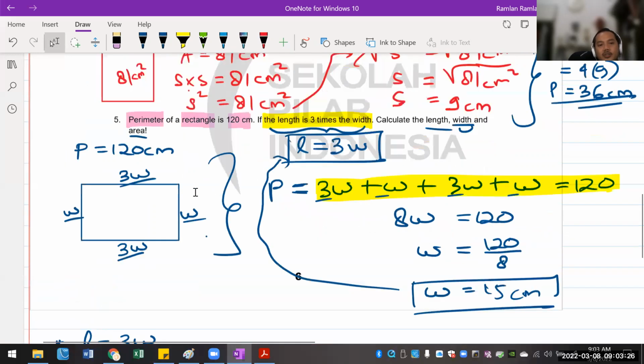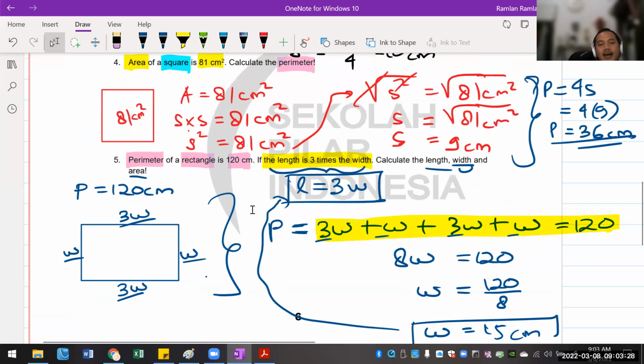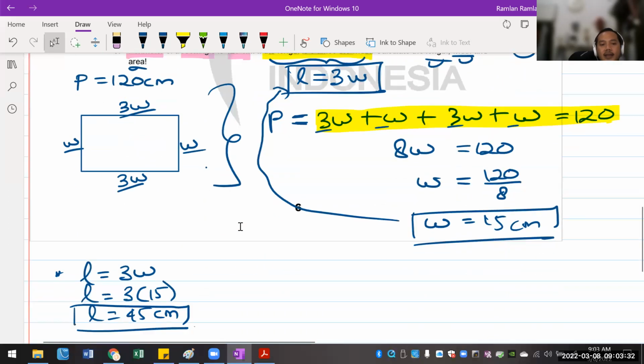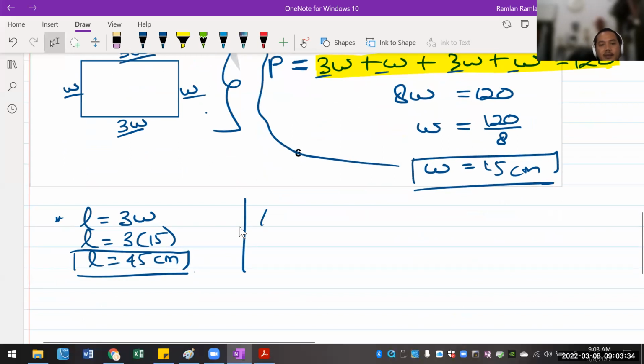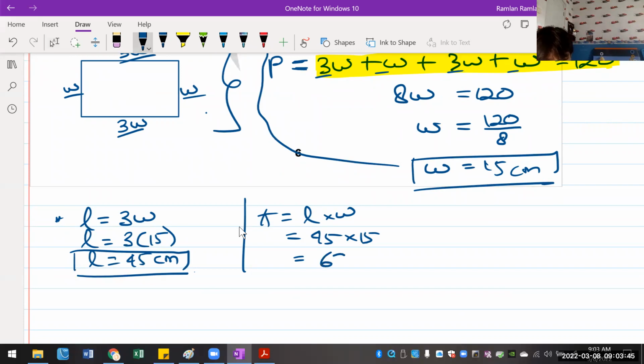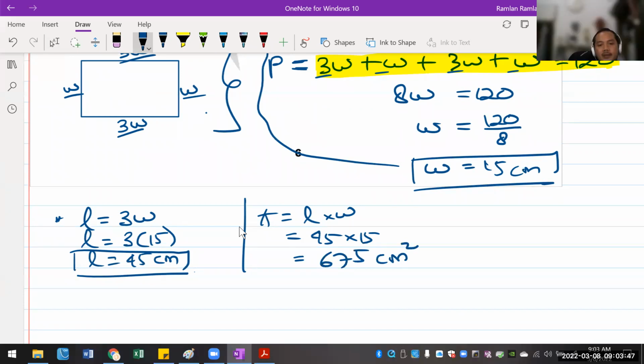And the last question is find the area. Checklist the length, now find the area. We know that the area of this rectangle is length times width. The length is 45 and the width is 15, so you multiply those numbers and you get 675 centimeters squared.